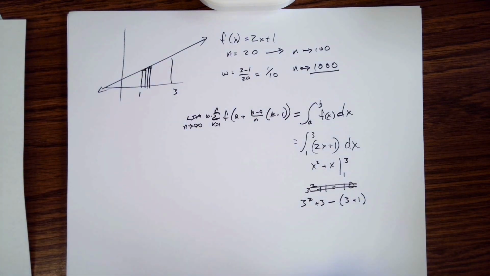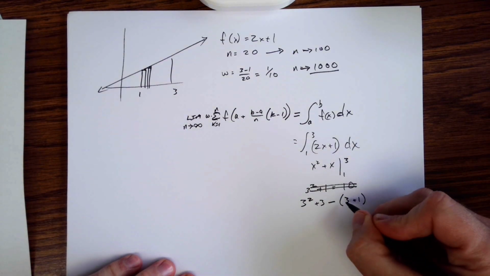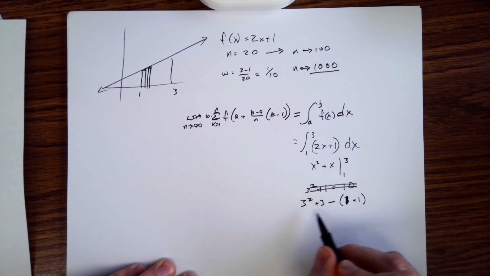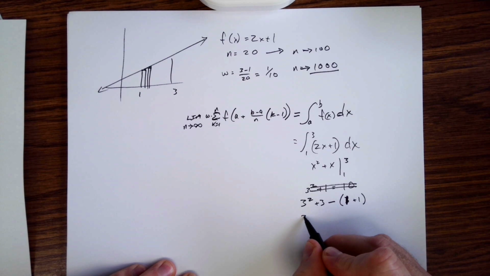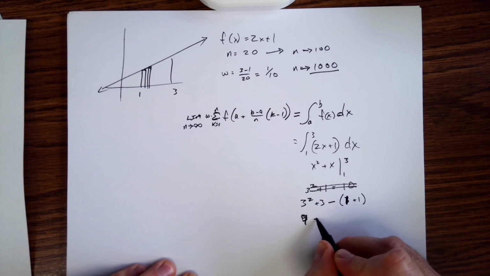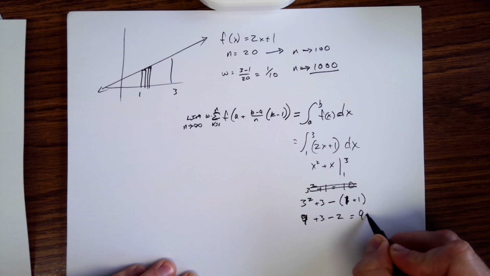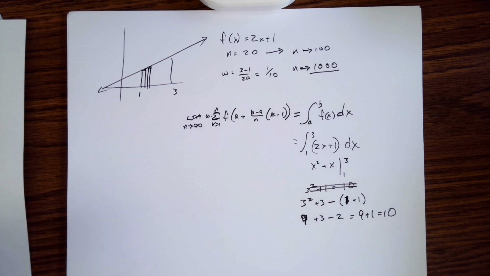There we go. Anyway, we end up with 3 squared, which is 9, plus 3 minus 2, which gives us 9 plus 1, which is 10. Like I said, 10 is the correct answer. I just did it wrong, but oh well, we got it right now.